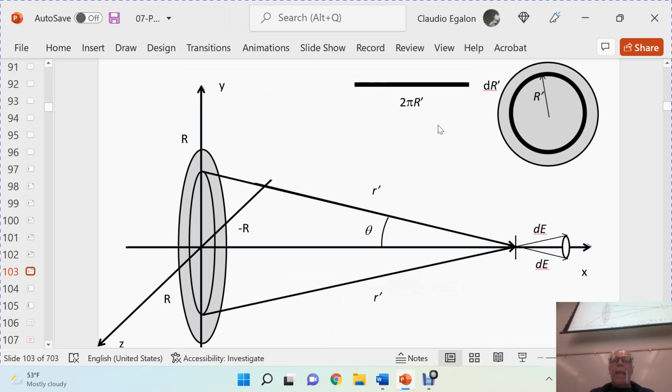Okay, let's go back to our drawing. Here you go. The area dA prime is going to be the area of this rectangle that I told you, right? How do I get this rectangle? Okay, I got this ring here, that's my infinitesimal charge. I cut it in half and I stretch it. Okay? It can be approximated to a rectangle because we are making the r prime going very small, going to 0.